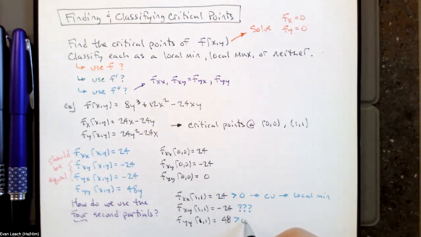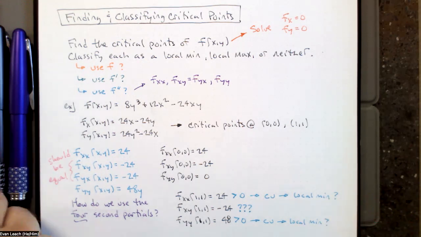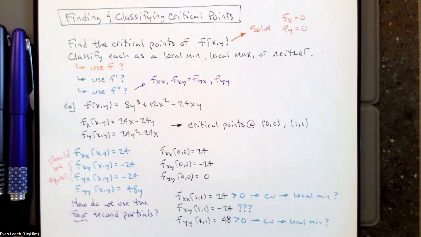The reason I'm looking at these two is that it's still a question about whether we could think this way. If we just restrict ourselves to one variable, just the x, we get concave up, we get this local minimum. If we just restrict ourselves to y, we get concave up, and we get this local minimum.